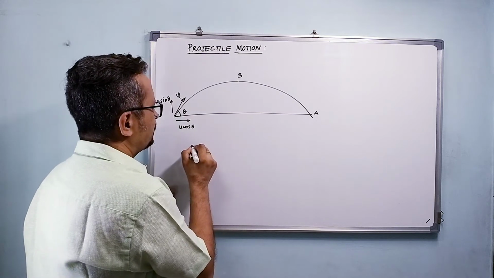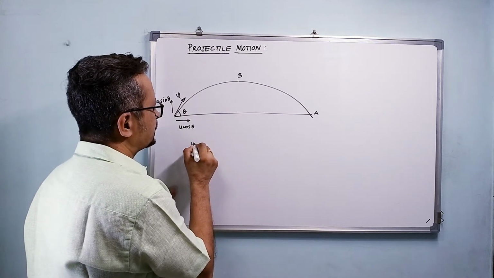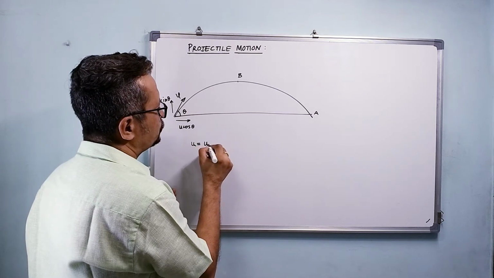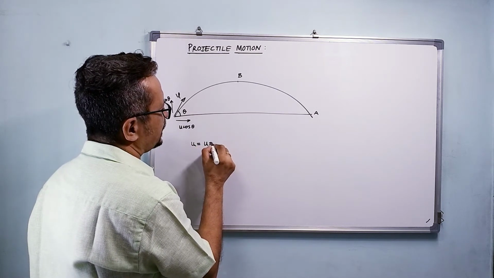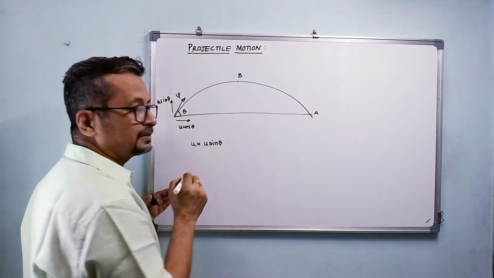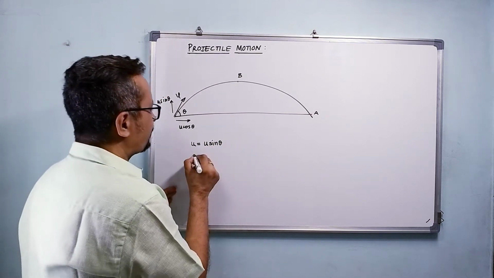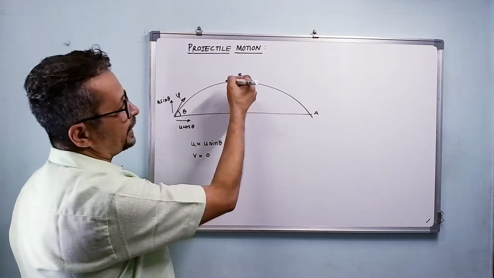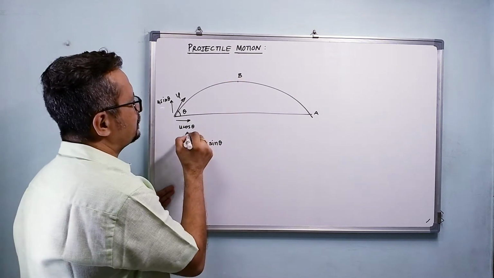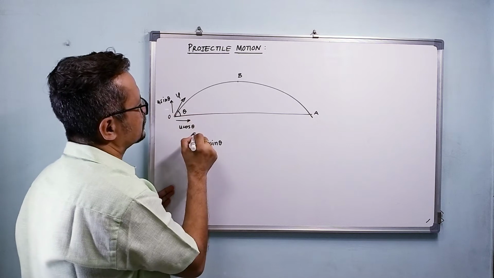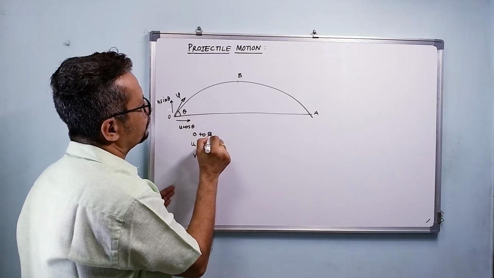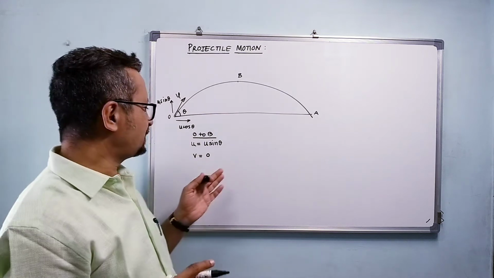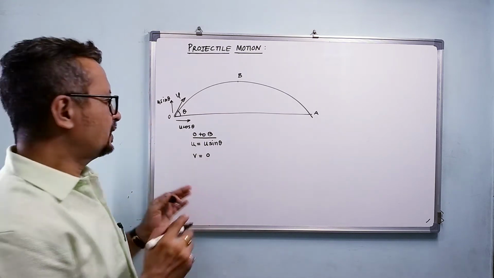And my initial vertical velocity is u sin theta, correct? My final velocity in the vertical direction is equal to 0 at point B. So I am going to write here between O and B. Okay, so u is u sin theta, V is equal to 0.